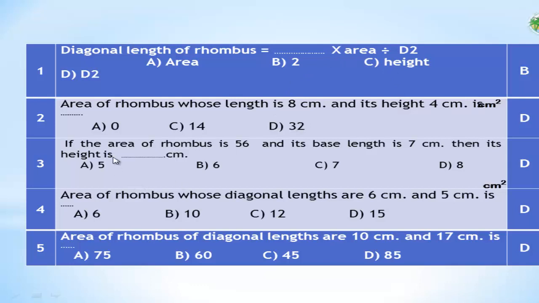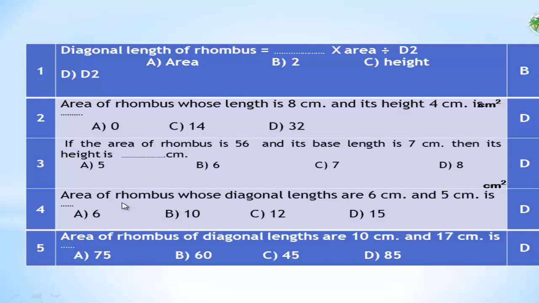Number 3, the area of a rhombus is 56 centimeters squared and its base is 7 centimeters. It's very easy. If we have a base or height and the area, then we divide area over the base or over the height. So 56 divided by 7 equals 8.